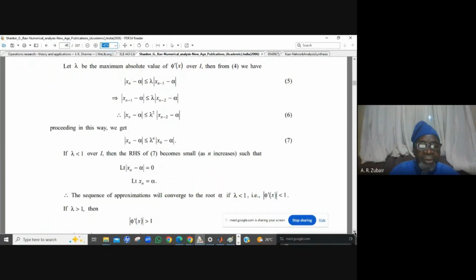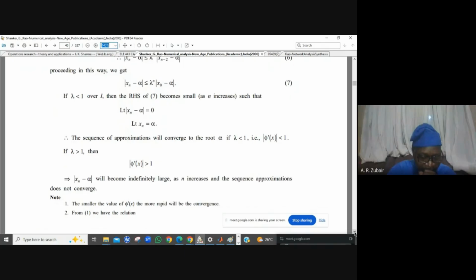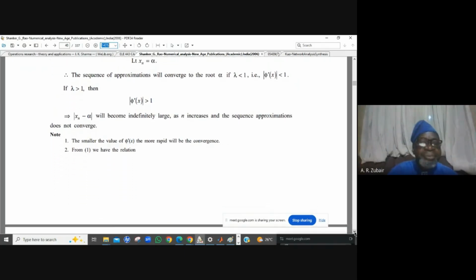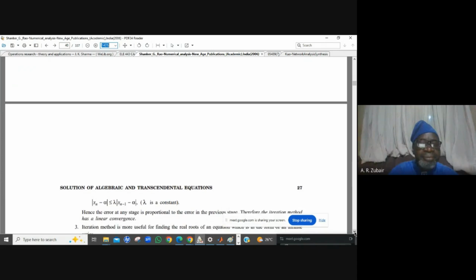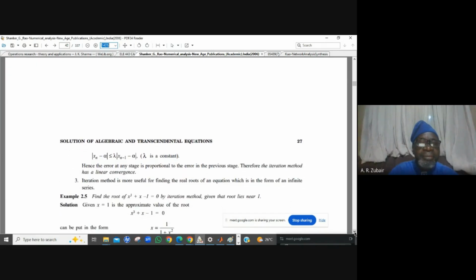We are going for the first example. It's saying the iteration method is more useful for finding the real roots of an equation, which is in the form of an infinite series.